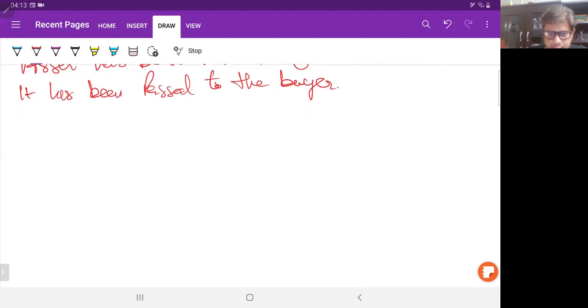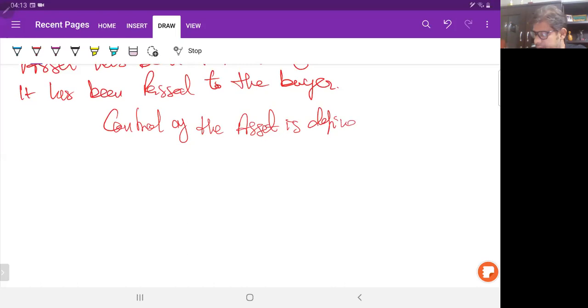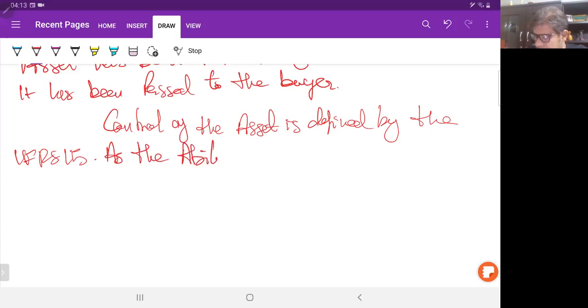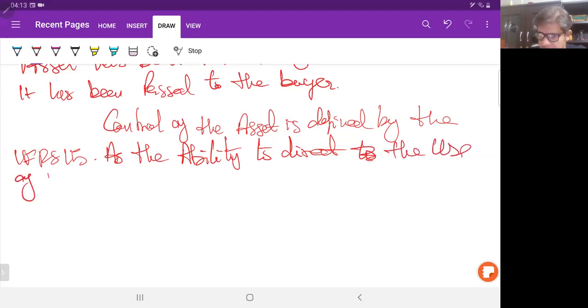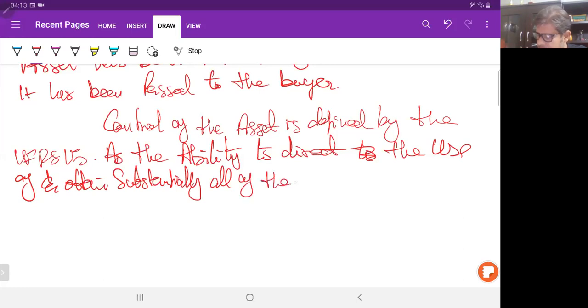Further, control of the asset is defined by IFRS 15 as the ability to direct the use of and obtain substantially all of the remaining benefits from the asset.